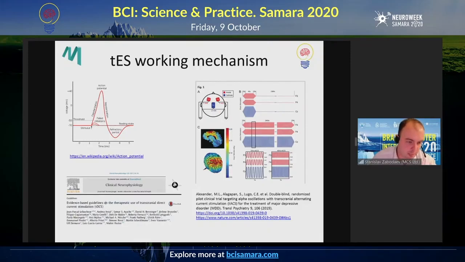And it's an interesting article, really, and there's a link in this slide. In the bottom left corner, there's a screenshot of the top of the article in Clinical Neurophysiology, an overview on transcranial stimulation with DC.